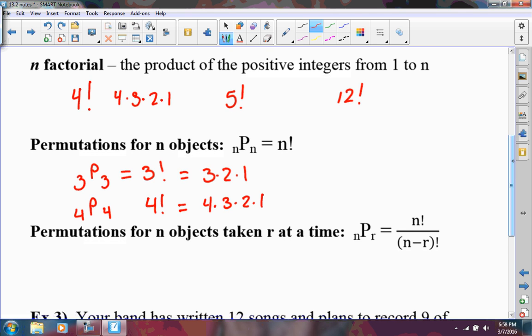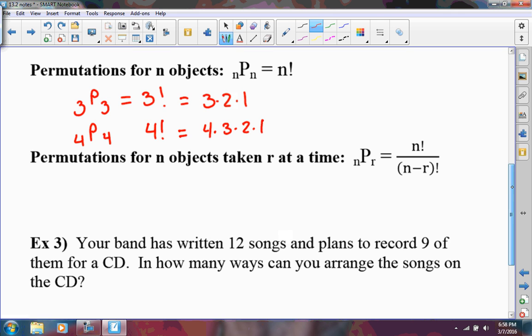But now you don't always have the same number of objects as you do spaces that you're trying to arrange it in. Let's say we had 6 pictures, but we only had space for 3 of them. That's when this other equation comes in, when we have n objects taken r at a time.